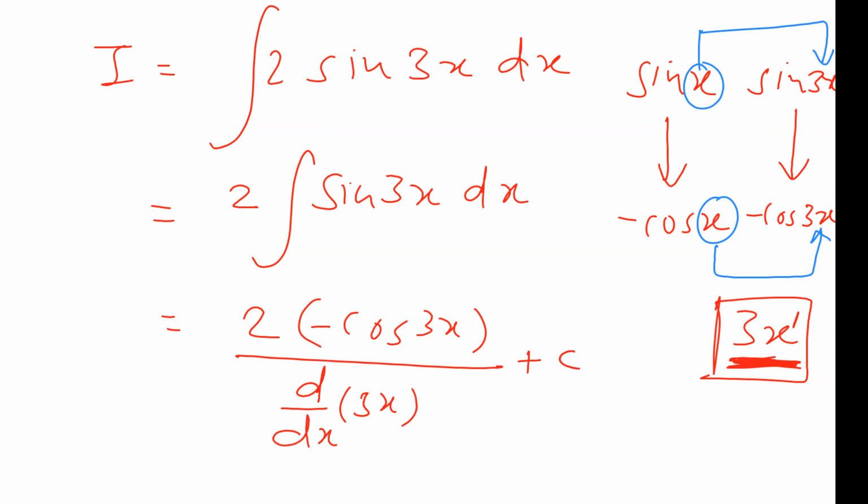In integration we have to put this chain rule part, the derivative part, down. So eventually this answer will be minus cos 3x upon 3 plus c.